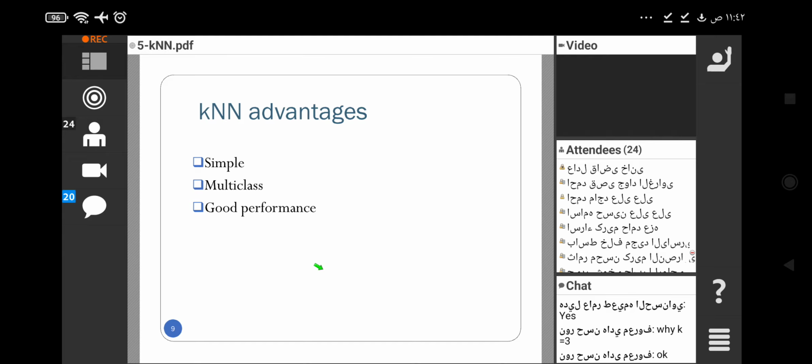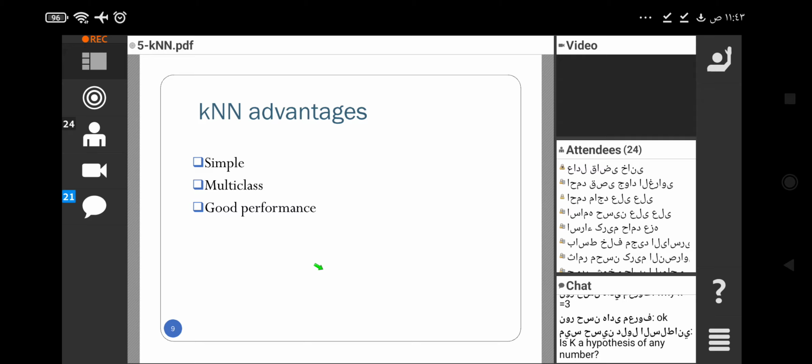For example, if we have some data in fruit classification, and it has 10 classes, for example, 10 classes is multi-class.